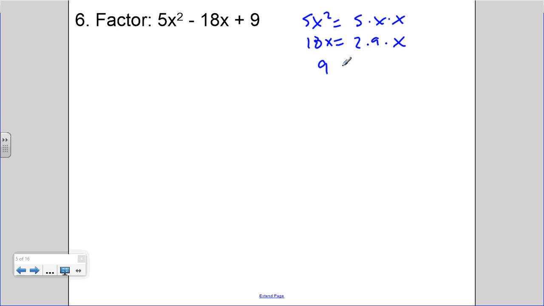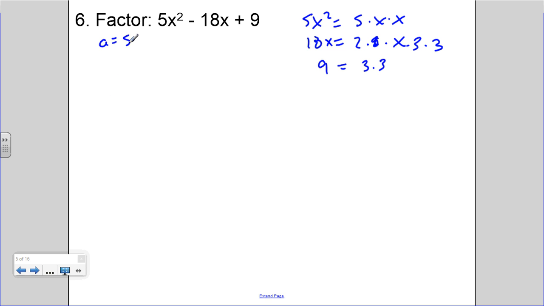And then 9 is 3 times 3. So again, I could break this into 3 times 3 as well. So when I look at all three terms, none of them have the exact same factor. So there is no GCF.